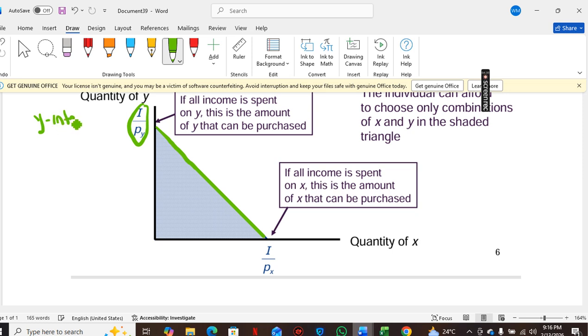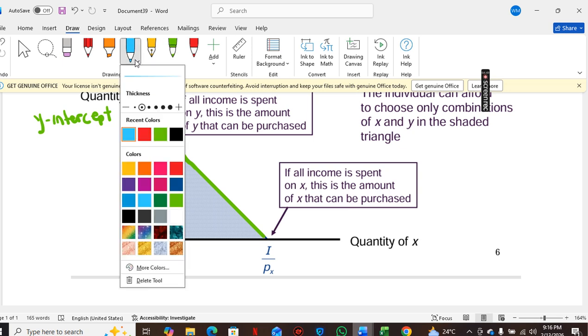In mathematics an intercept is where the line cuts an axis. Where the budget line cuts the y-axis, that is your y-intercept. What this y-intercept is telling us is, if we only buy good Y, how many units we can get.